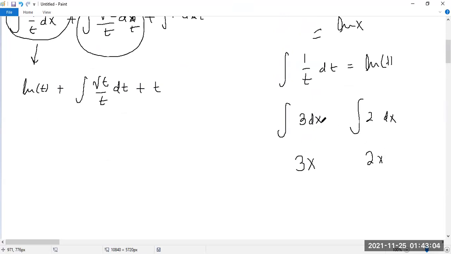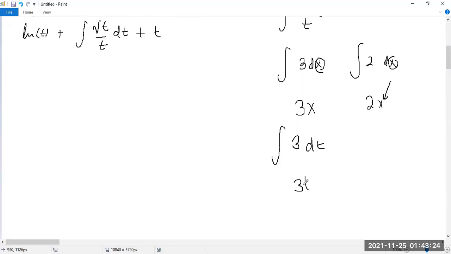So you can see a pattern: whatever variable we're taking the integral with respect to, in this case x, if we're taking the integral of a constant, we just add that variable. So if we're taking the integral of 3 dt with respect to t, it's just 3t. It's not 3x anymore because the variable that we're taking the integral with respect to has changed.